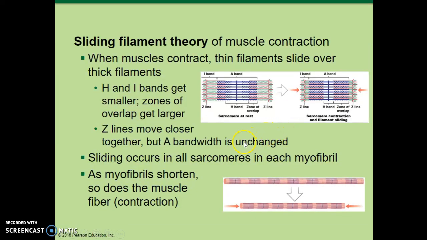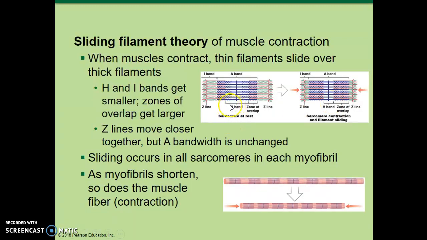Well, with the sliding filament theory of muscle contraction, the filaments slide past each other when the muscles contract. So if you look at the width of this sarcomere at rest here on the left, when muscles contract, the Z lines move closer towards each other, the filaments slide past each other, some of these bands shorten up, and the muscle contracts.